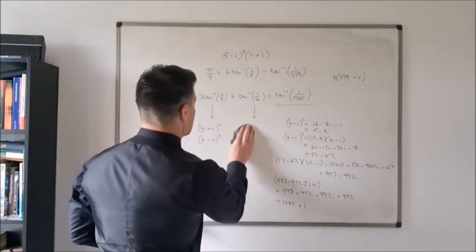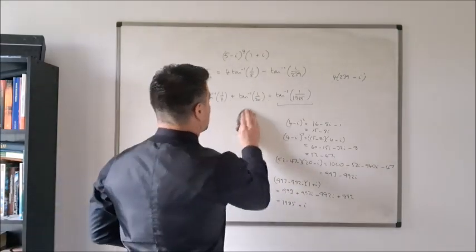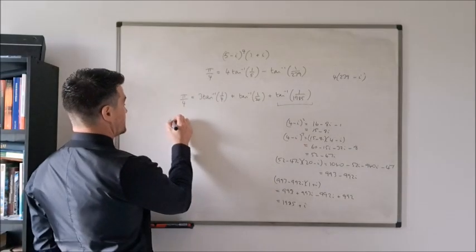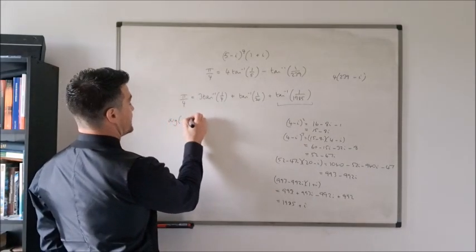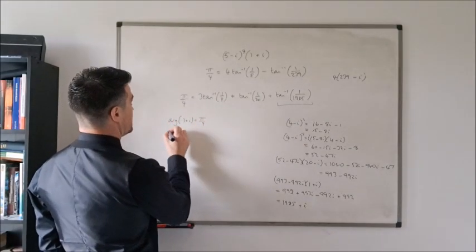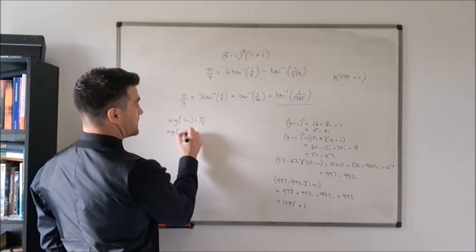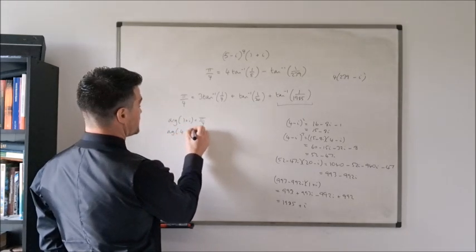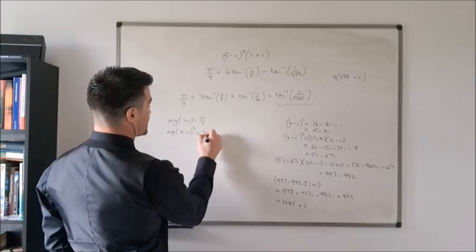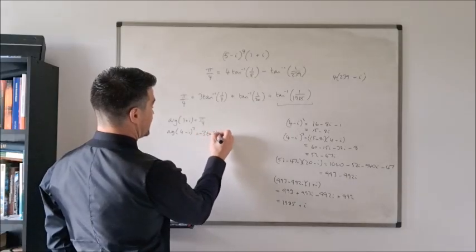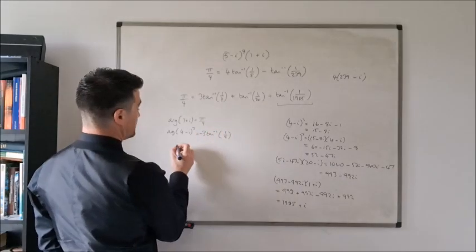So the argument of 1 plus i is pi by 4. The argument of 4 minus i cubed is equal to minus 3 inverse tan of a quarter.